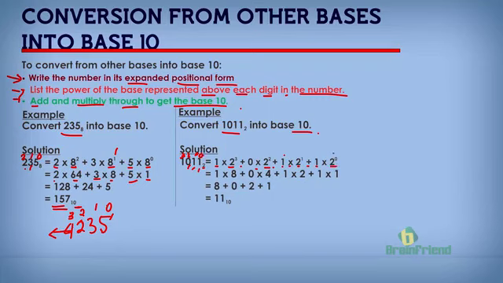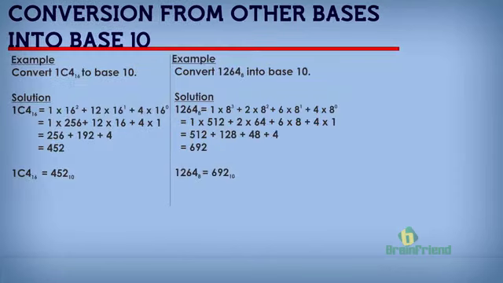So we expand that to be 1 times 8, plus 0 times 4, plus 1 times 2, plus 1 times 1. That gives us 11 in base 10. So 1011 base 2 is 11 base 10.